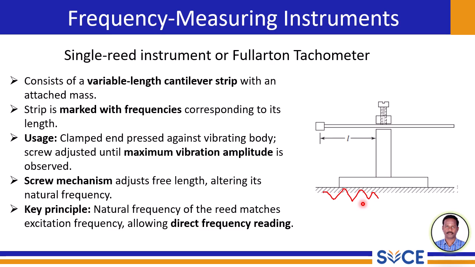This instrument is particularly useful in environments where precise and direct reading of vibration frequency is necessary. And a very important thing, the strips are marked with frequencies corresponding to the length.